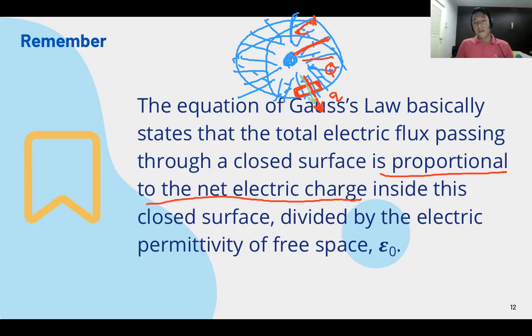That is the main explanation of how we call this as proportional to the net electric charge. Okay? So meron tayong dalawang charges dito proportional sa isa't isa. So, ibig sabihin nun, if they are proportional, the other will become zero.